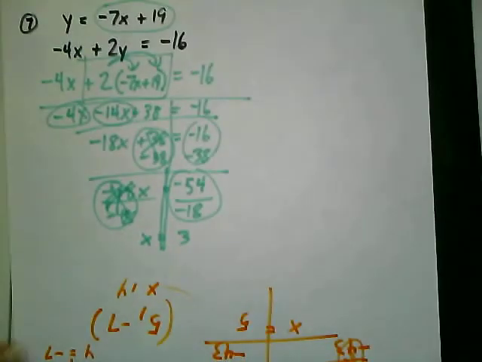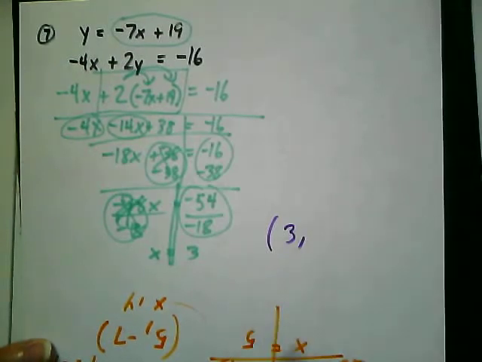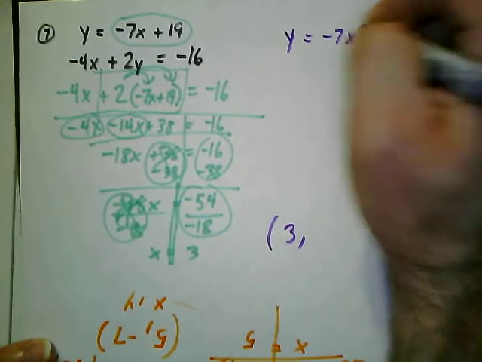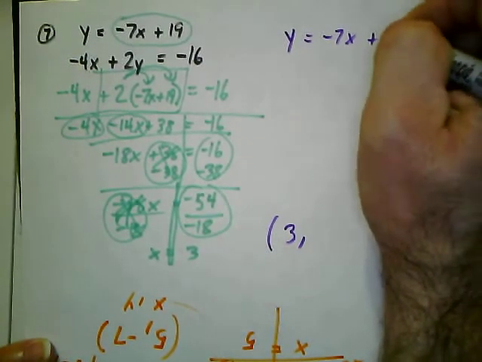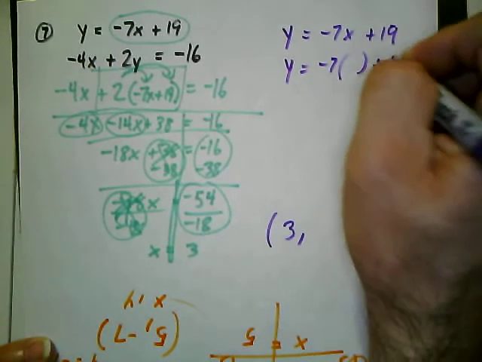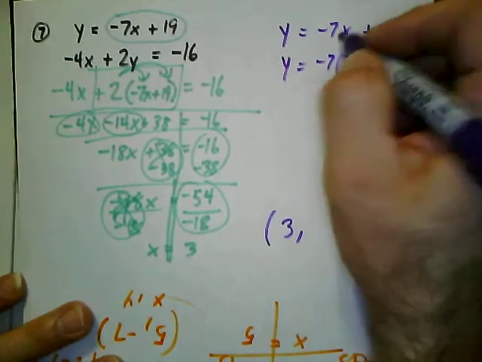Now, I do want to jump back to this one because I did solve for the 3. I forgot my y. So take that one that's already solved for y. This is number 7. Head back to that one. You're going to put that 3 in there for that x. Do that substitution.